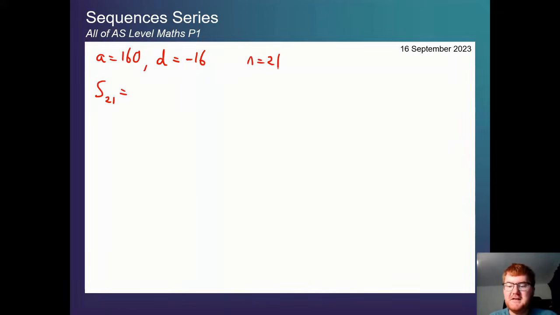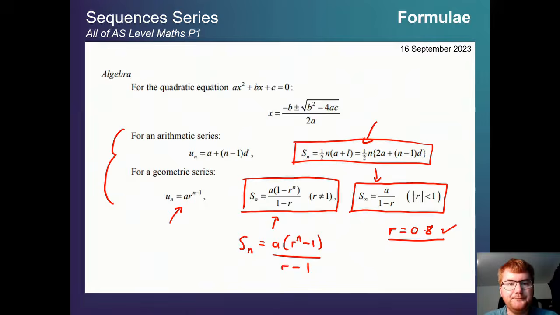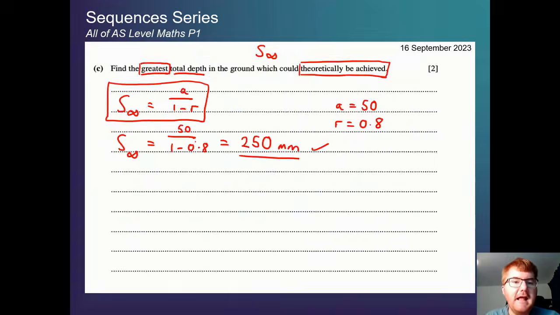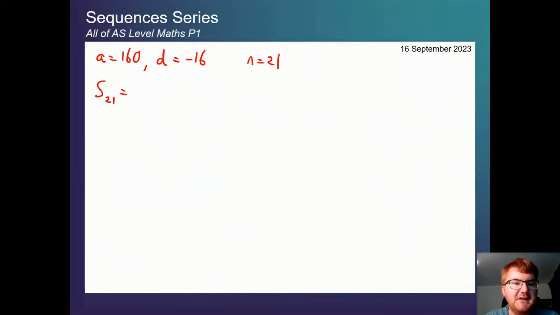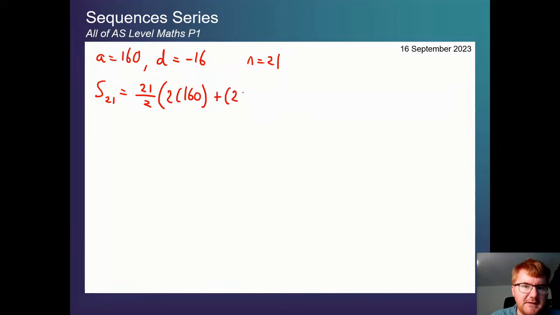And because it's arithmetic, we're going to be using this formula over here. So we're going to be using the arithmetic one, not the geometric. Let's pop the numbers in and see what happens. We get 21 over 2, 2 lots of a, so 2 lots of 160, plus n minus 1, so 1 less than 21, that's 20 times minus 16.